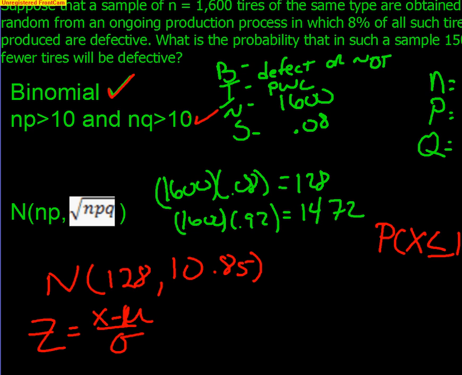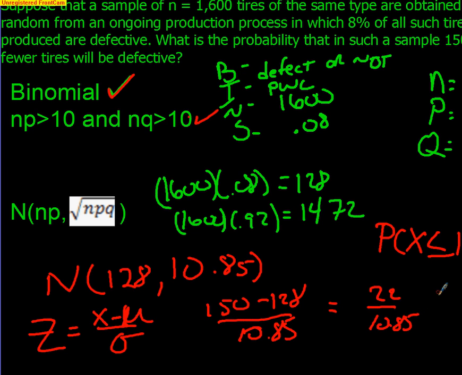Filling this in, I have 150 minus 128 over 10.85. This is equal to 22 over 10.85. On the calculator, 22 divided by 10.85, I get 2.03.